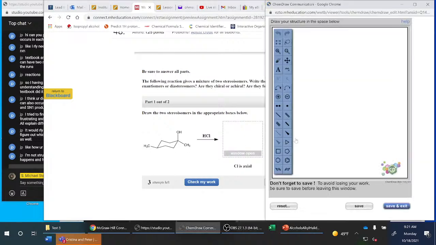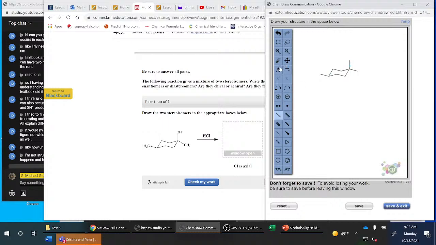So when we build this structure, and it is going to nitpick you, you do need to have this methyl group up, or it's going to create problems for you. We create a carbocation on this carbon. We can either have the chlorine be axial or equatorial.